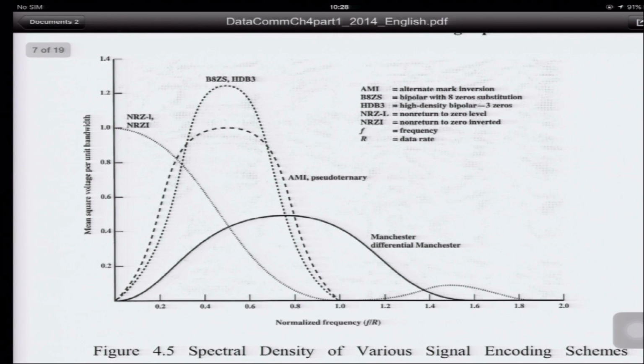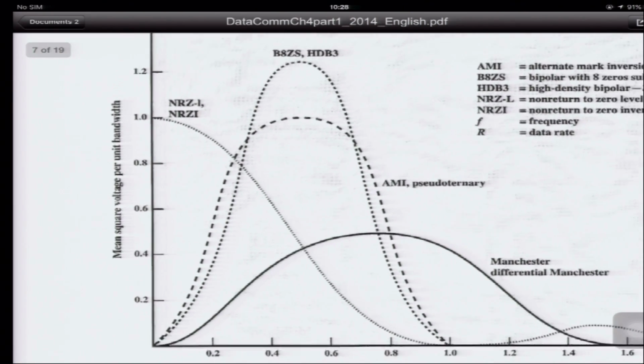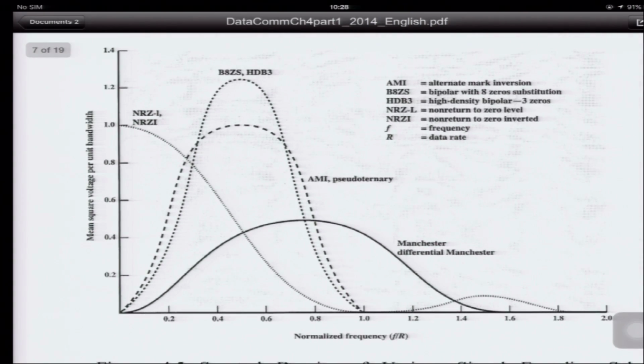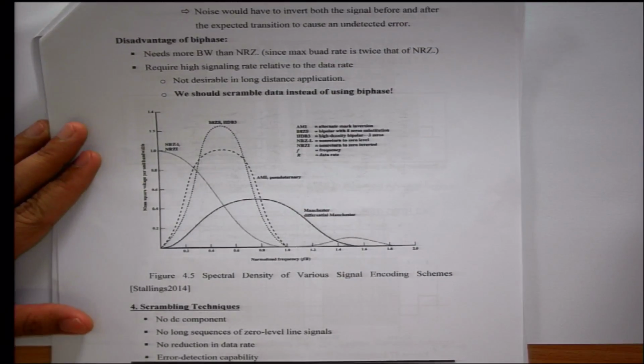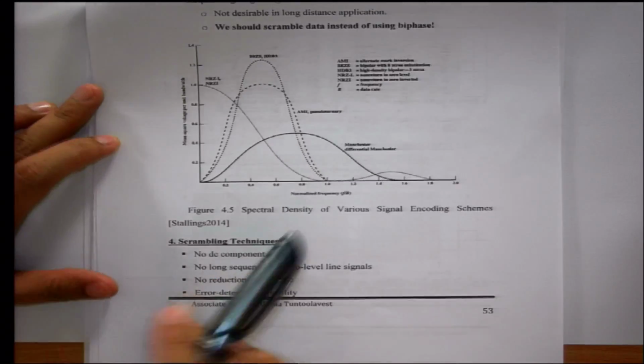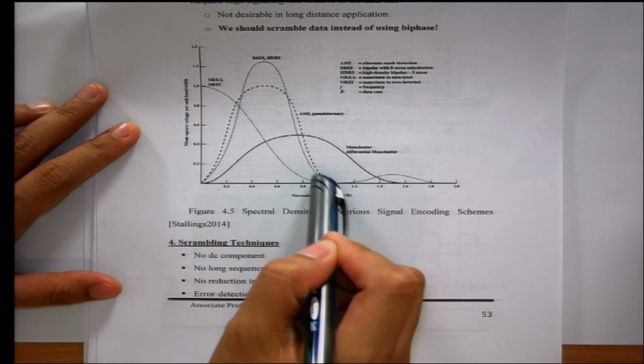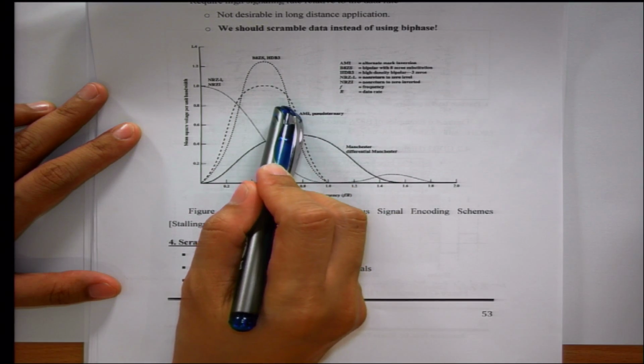This is the spectral density of various signal encoding schemes. As I showed you before, you have NRZ-I and NRZ-L, where we usually consider only the main lobe bandwidth, which is 1 unit. And then you have AMI and pseudo ternary, which is good. This one is AMI and pseudo ternary, so it's a good shape here.